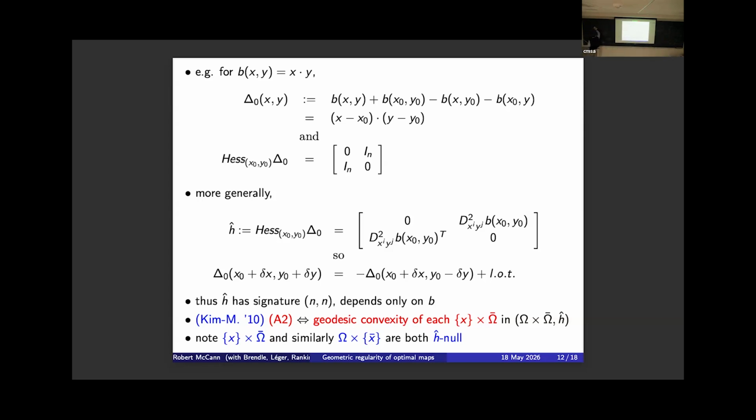Because of these 0 blocks, n by n blocks on the diagonal, when I go to the product of rho with omega bar, any vector that's purely vertical, like 0 plus p bar, is going to have 0 inner product with itself. And similarly, any vector that's purely horizontal is going to have 0 inner product with itself. And so this is sort of the light cone for this metric.